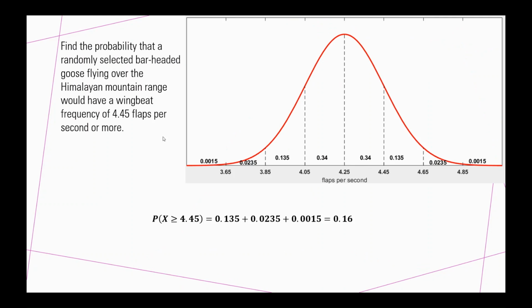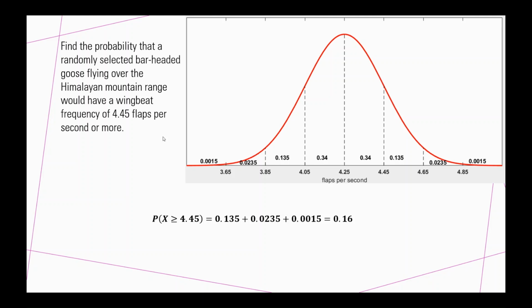Okay. And so if this were earlier in the quarter, instead of talking about the probability, we would have said that there was a 16% chance that a randomly selected bar-headed goose would have a wing beat frequency of 4.45 flaps per second or more.